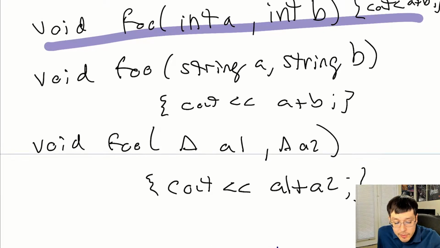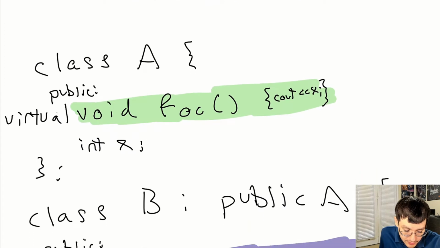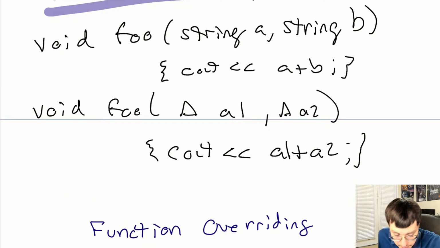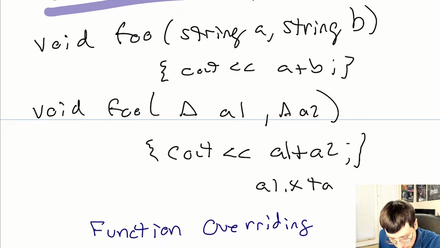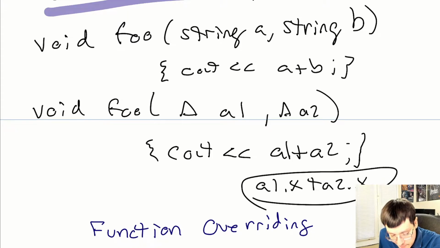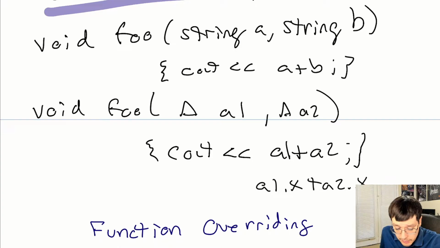Now, if you haven't overloaded it, then sure, you actually have to modify this code and do whatever that means. So maybe you're adding the x's in it. So really this becomes a1.x plus a2.x, right? But if you overloaded the addition operator, you don't have to do that. You can just stick to the top line.